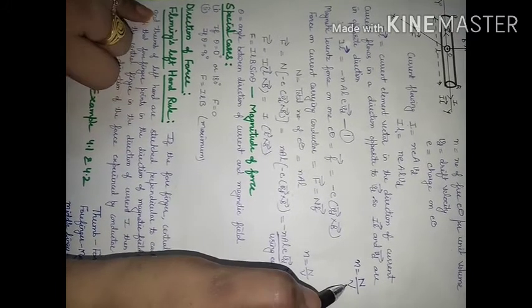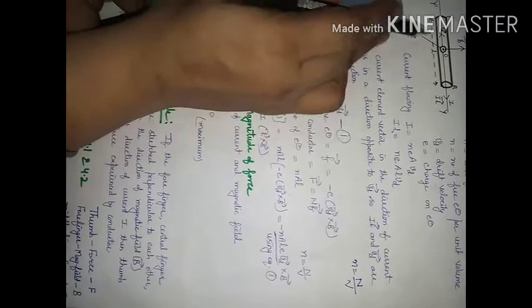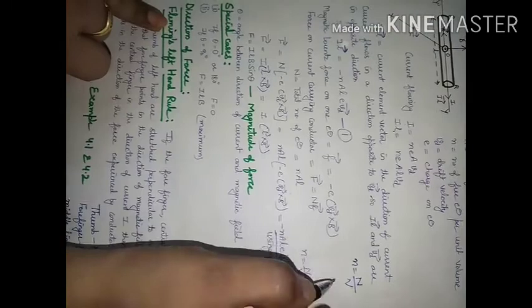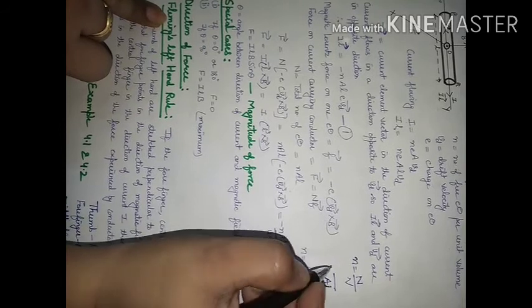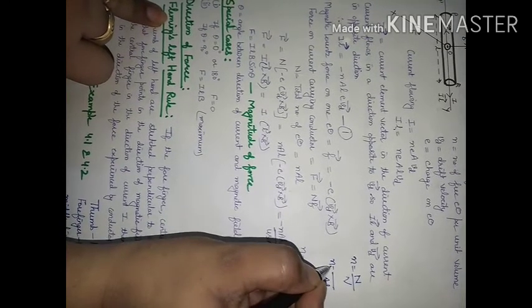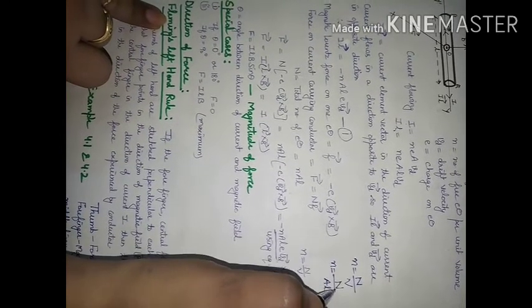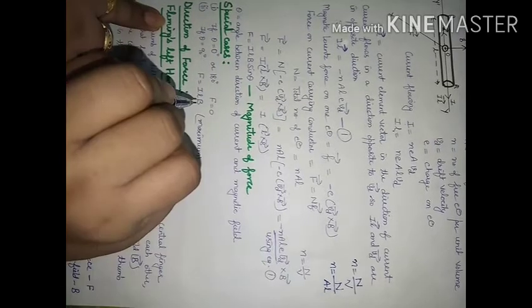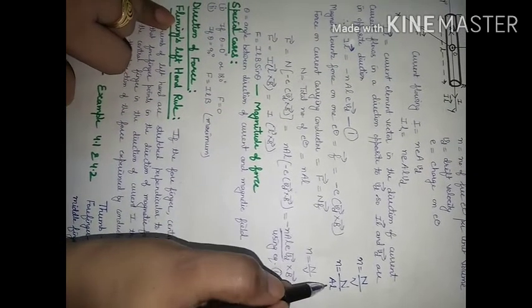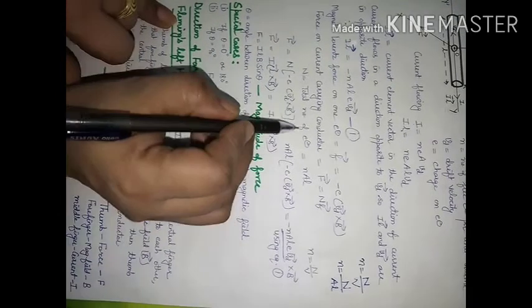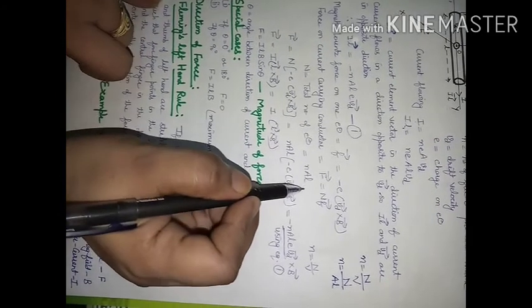So what is the volume of this wire, which is with length L and area of cross section A? This volume will become A multiplied by L. This is the number density. So total number of electrons will be n multiplied by AL, that is nAL.